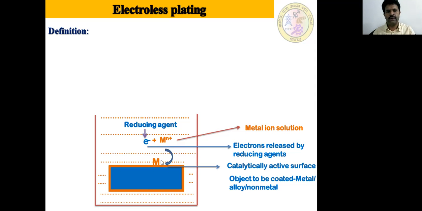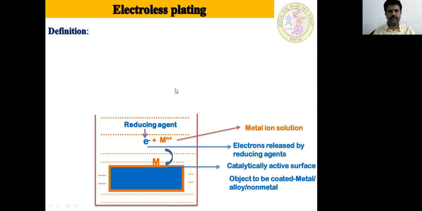The reduction of metal ions occurs by gaining electrons released by the reducing agent. So instead of electricity, electrons are released by the reducing agent. In this way, even without electricity, we can conduct plating using a reducing agent as a source of electrons.